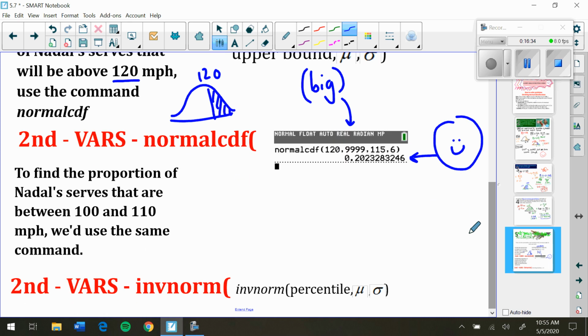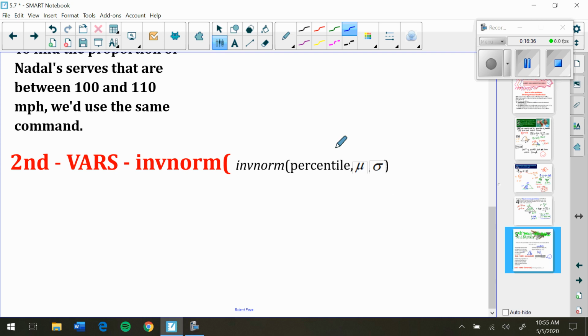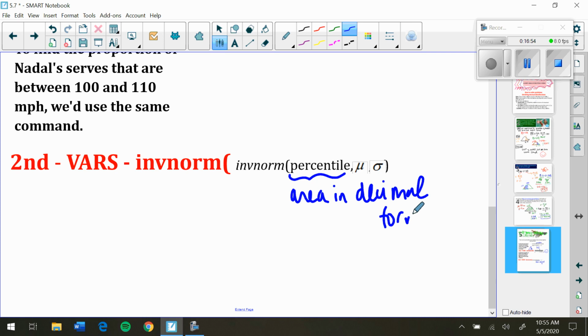Then another one that will help would be for the previous problem we just did. If you go back to that second VARS, the third option, inverse norm, helps us calculate this. For inverse norm, it wants you to put percentile, or another way would be area, in decimal form. So in our last problem, we'd put 0.75 for inverse norm.